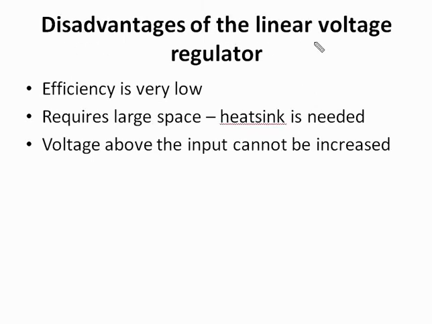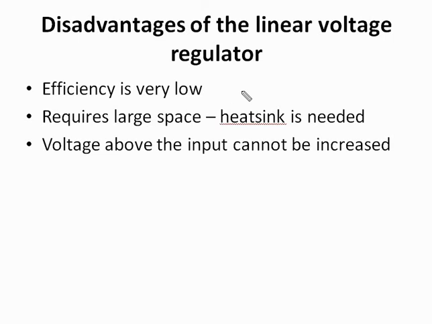Disadvantages of the linear IC voltage regulator: the efficiency is very low. Suppose we want 12 volt at the output side and the input is 20 volt, then the remaining voltage is dropped across the IC, so this power is dissipated.